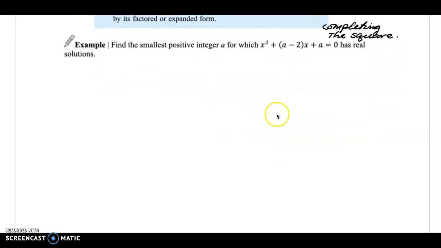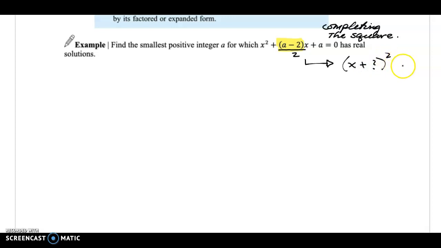So what we have is completing the square. Just recall, I'll put a video in for this, that it's taking the coefficient of the second term and dividing it by 2. Ultimately you want this whole left-hand side to look like something squared.